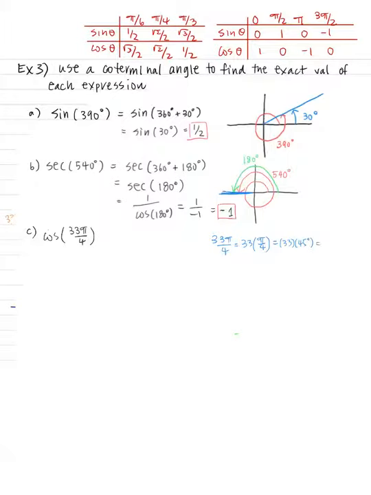What is that? 33 times 45 is 1,485 degrees. That's a big old angle that we're talking about. Now, if you want to know how many times it's going to revolve around, you can easily start subtracting 360 from this huge number to see how many times 360 is going to go in.